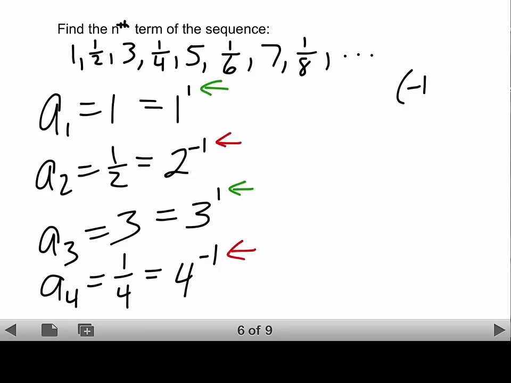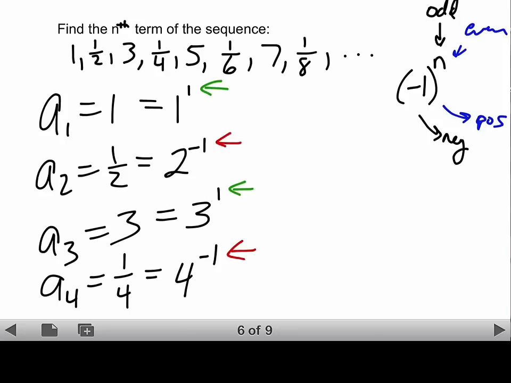When we had something like negative 1 to the n, that gave us alternating signs on our terms. Let's note that if n is odd, then negative 1 to the n is going to be negative. If n is even, then negative 1 to the n is going to be positive.